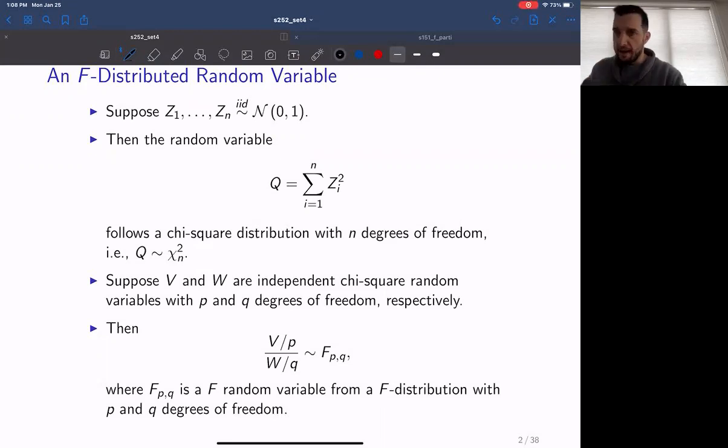Okay, so what is an F random variable? An F random variable is the ratio of two chi-square random variables. What is a chi-square random variable? It is a sum of n independent squared standard normal random variables. This is the mathematical or theoretical definition.